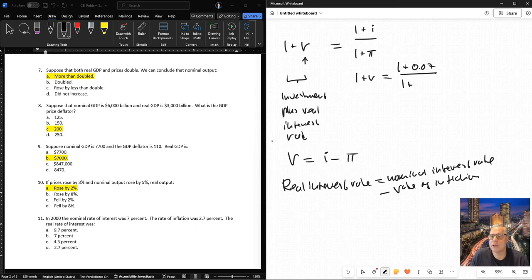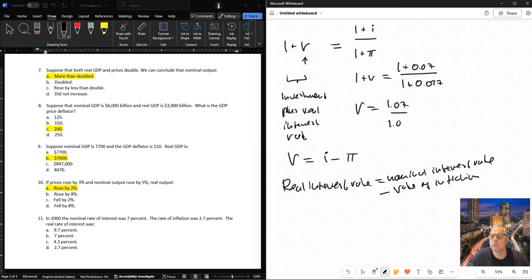The rate of inflation is 2.7%, so 0.027. If we do that, we get on the right hand side 1.07 divided by 1.027. Then in order to get R, I still need to subtract 1.